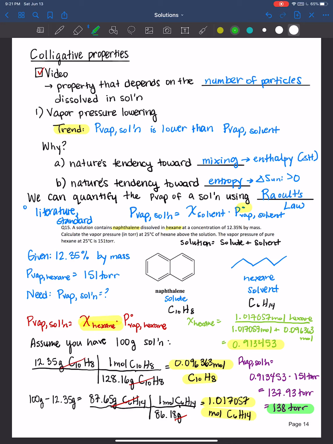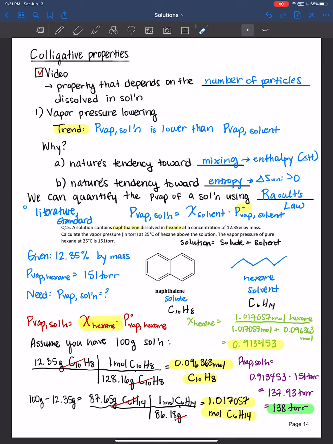I always tell students, when you solve a word problem, you want to rationalize it. You want to make sure that you're confident in your final answer. Ask yourself, does this final answer make sense given the context of the problem? We just learned that the vapor pressure of a solution should be lower than the vapor pressure of the pure solvent, and that's really important to remember.